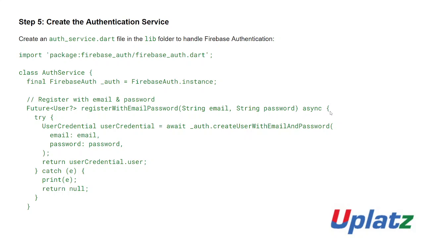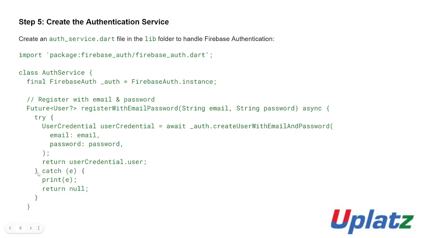Then open brackets, try, UserCredential, a user credential object, is equal to await _auth.createUserWithEmailAndPassword, email: email, password: password, then close. Return userCredential.user.